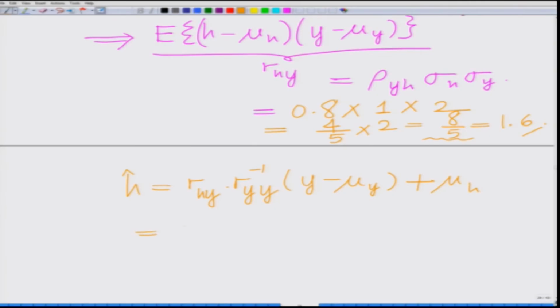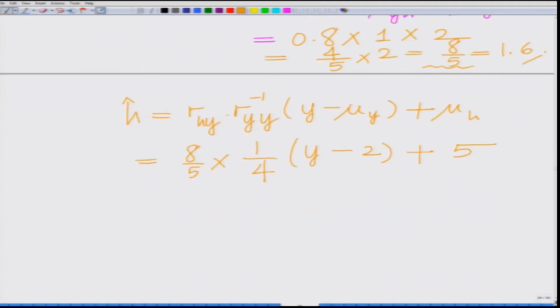We know RHY is 8 by 5, times RYY inverse. We know RYY is sigma y square, equals 4, so this is 1 by 4 times y minus mu y, where mu y is given as 2, plus mu h, which is given as 5.